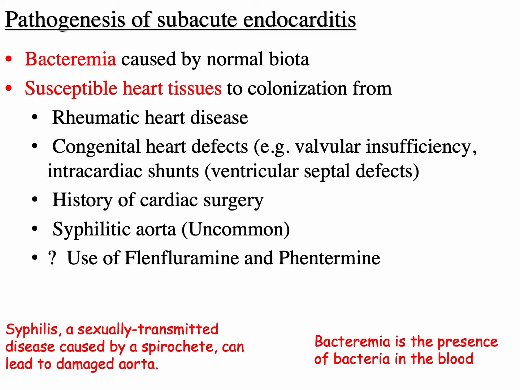Heart tissue becomes susceptible from rheumatic heart disease, which we already mentioned, or from congenital heart defects, where people are born with some defect in the heart. For example, valvular insufficiency, where the heart valves do not close properly, so the blood flow is not fully stopped. That influences the flow of blood from the heart to the aorta and creates turbulence.